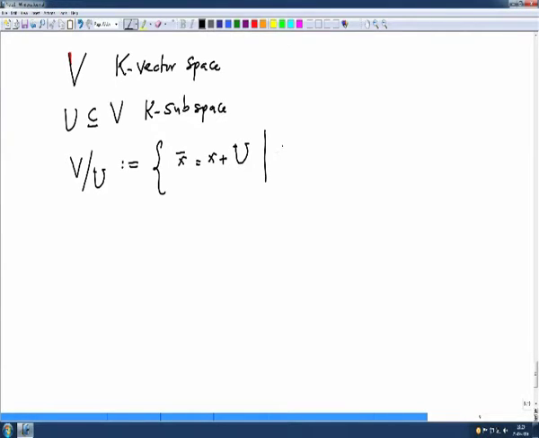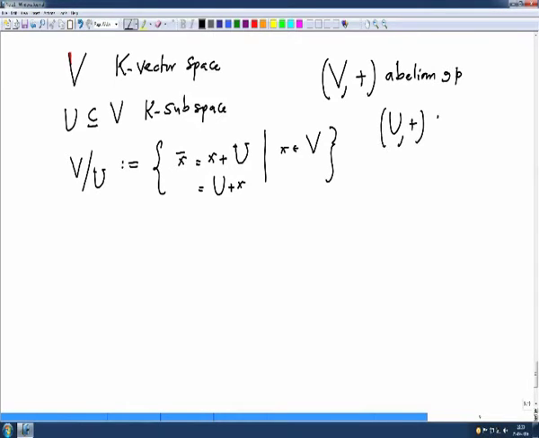Now x is varying in V. Note that some of them may be equal, because if the difference belongs to U, then x bar equals y bar. Also note that this is the same as U + x: the left coset equals the right coset, because we are in an abelian group (V, +), and U is a subgroup of this, which is normal.